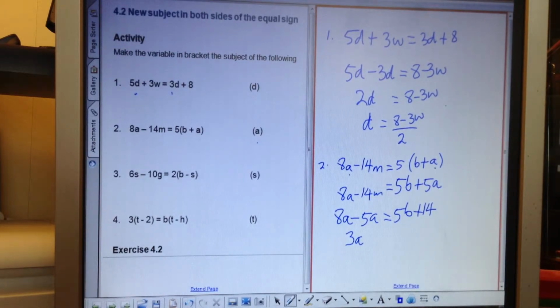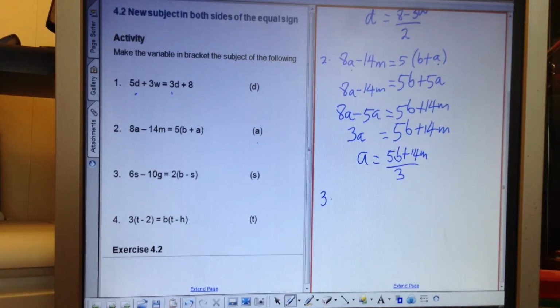If we simplify, we get 3A, and that stays as 5B add 14M. But we want A's, so we divide by 3. So we're going to get A equals 5B add our 14M, and this time we divide by 3.